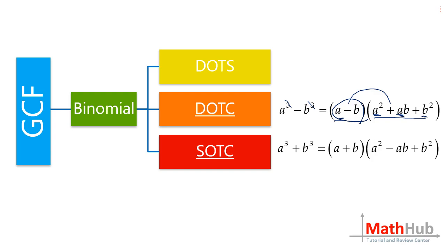And then the square of the last term. Let me repeat that: square of the first term plus product of the two terms plus square of the last term. Now, the only difference here for SOTC is that this one is plus, of course. If this is plus, this is minus. These two are always opposite in sign.